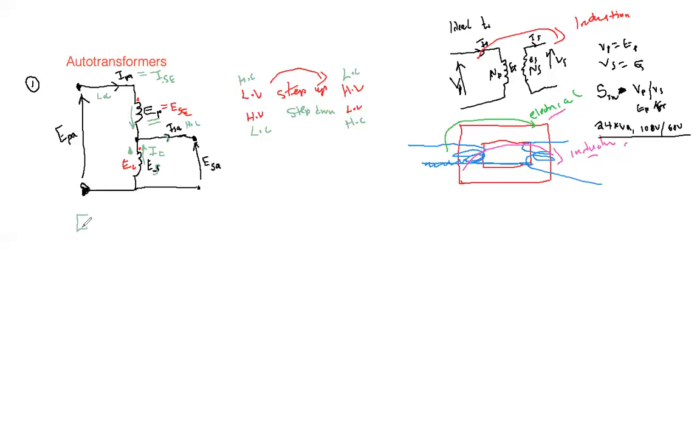So let's do this. What is the EMF on the primary side of the autotransformer? That one can easily be seen. The EMF on the primary side of the autotransformer is given by the sum of these two. If you look at this, they are going to add to each other.